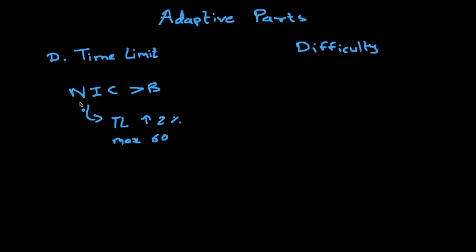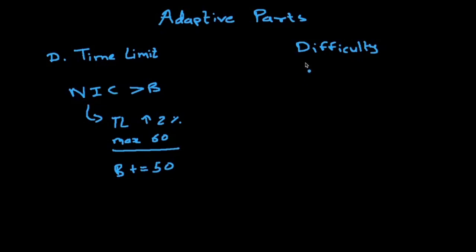We measure the number of non-improving calls to this neighborhood generator, and if this number is greater than this specific bump value, B, then we increase this time limit by 2%, capped by this maximum number, which is 60. The bump value is also not fixed. Every time we hit this condition, where the number of non-improving calls is bigger than B, we increment this B value as well by 50. So overall, this depends on how many times I call this LNS and how many of those times it did not improve the current solution.